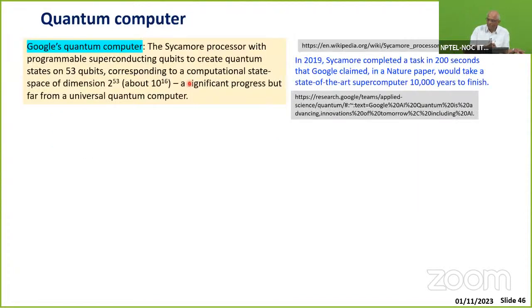Quantum computer. You all have read about Google's quantum computer with 53 qubits. That means 2 to the power of 53 processing, about 10 to the power of 16. A very significant progress, but still not enough. That was in 2019.